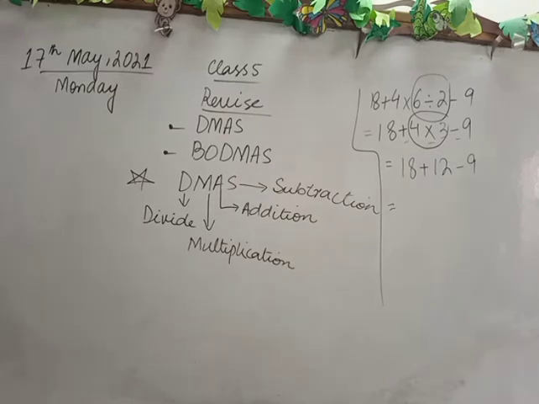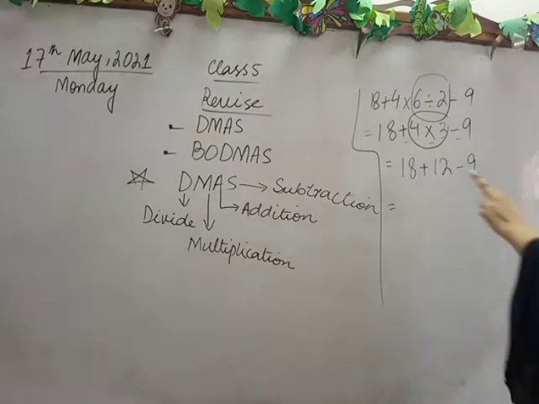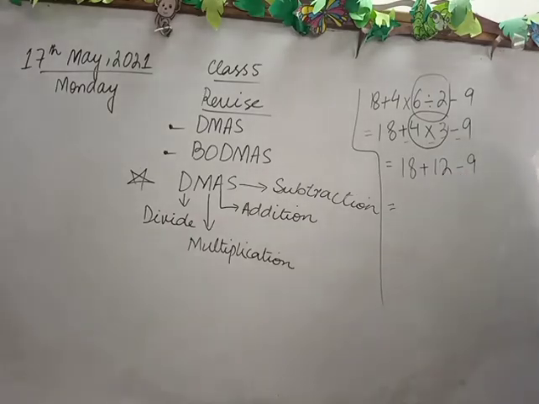In next step we have addition and minus, subtraction sign. So what would we do? हम क्या करेंगे अब इसमें? Very good. We will follow DMAS rule. So according to DMAS rule, first we will solve addition and then we will solve subtraction. Fine class? So 18 plus 12, first we will solve this portion.